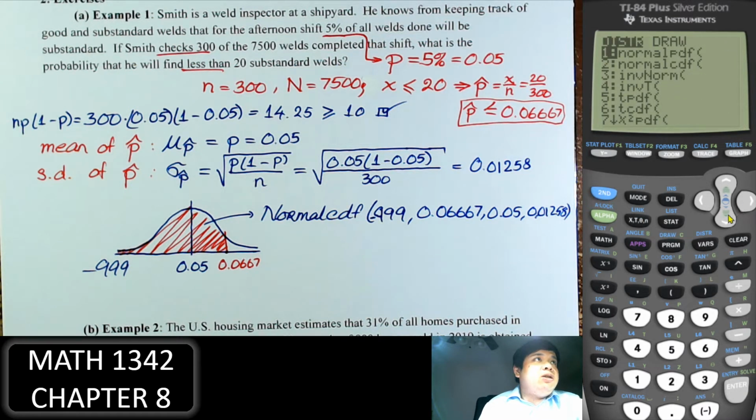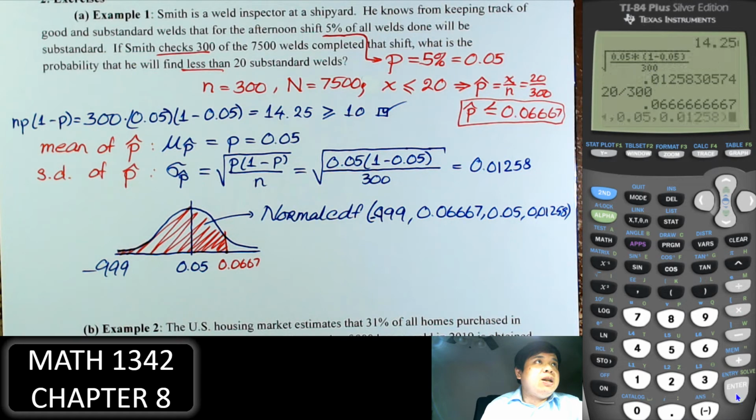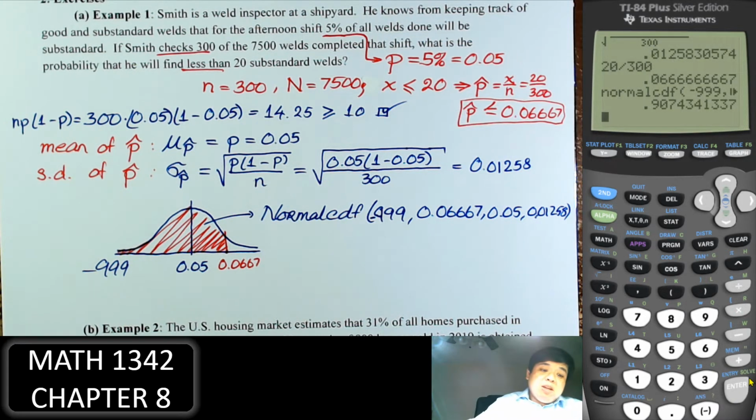Normal CDF, -999 and upper 0.066667, right? The mean 0.05 and standard deviation 0.01258. Calculate, and we have about 90%.